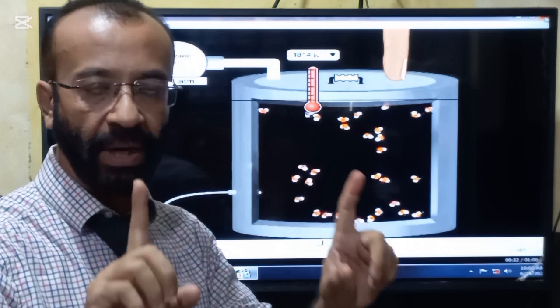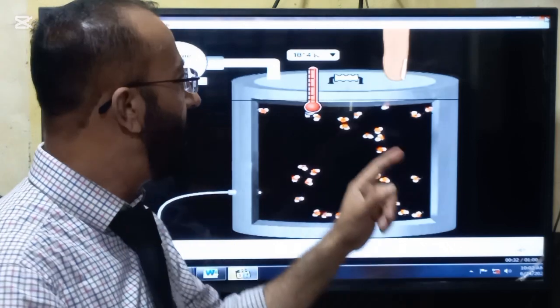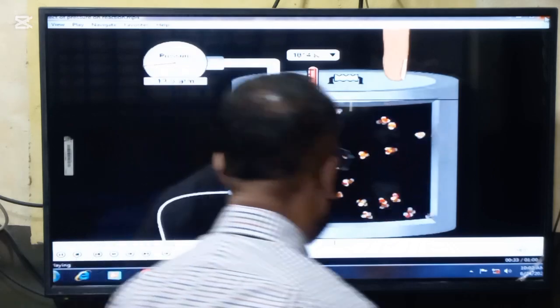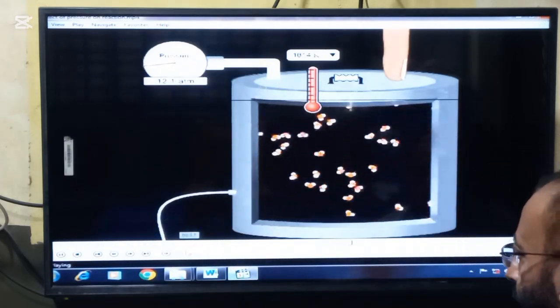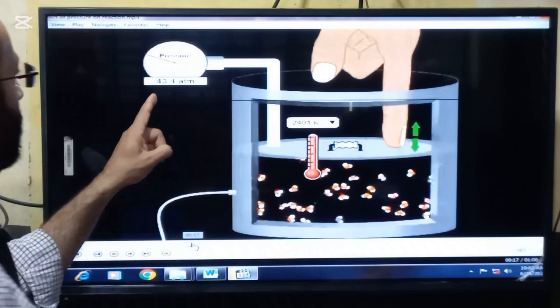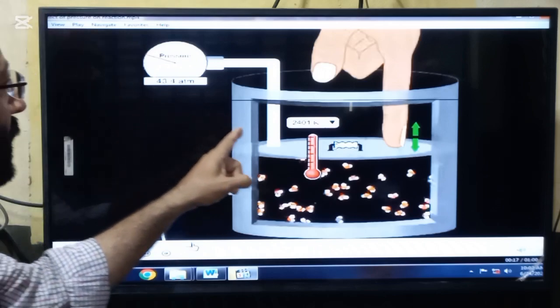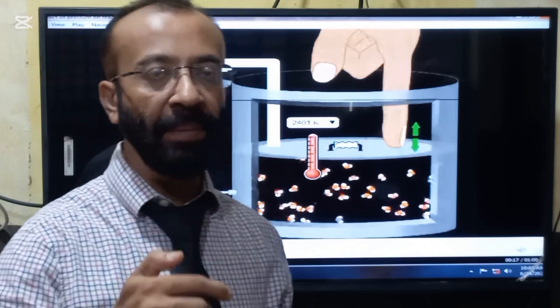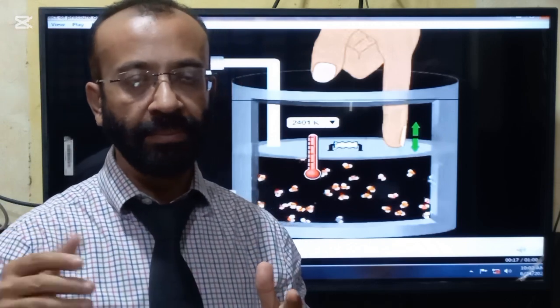This will be the first set of values. Then the pressure will be increased or decreased. Of course, there will be less chance that they meet one another. Now the pressure is 43.4. Whatever the time taken, that will be recorded, and so on.